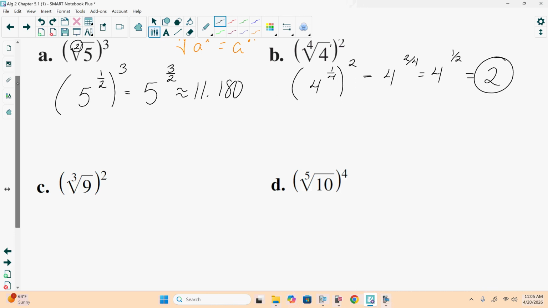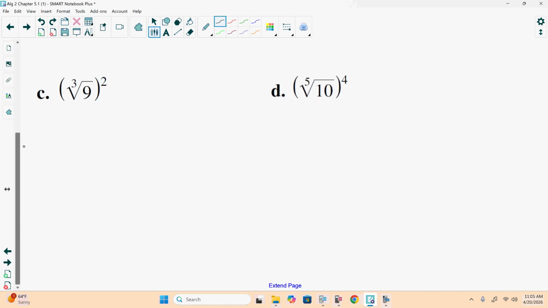Let's look at the next one, the cubed root of 9 squared. Well, we could rewrite the cubed root of 9 as 9 to the 1/3. Which is the same as 9 to the 2/3. Powers of powers multiply.